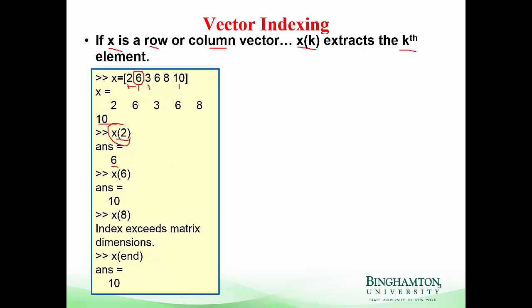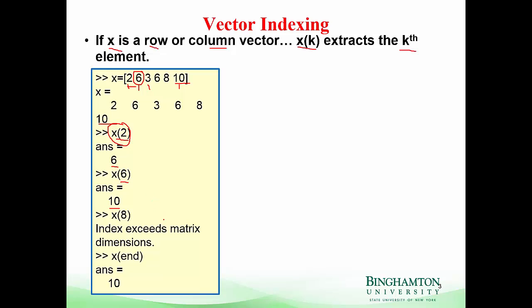Now, I just extracted that and didn't assign it to anything, but I can assign it to something else that I want. So I could put it into some other array or rename it or do anything else with it. If I take x of 6, now we're going to be 1, 2, 3, 4, 5, 6. That's the last element, and that will return the value 10.